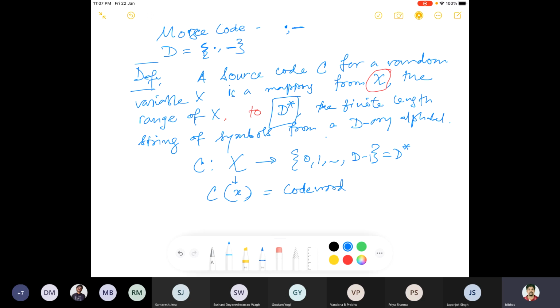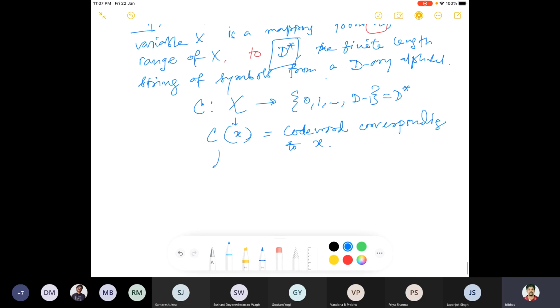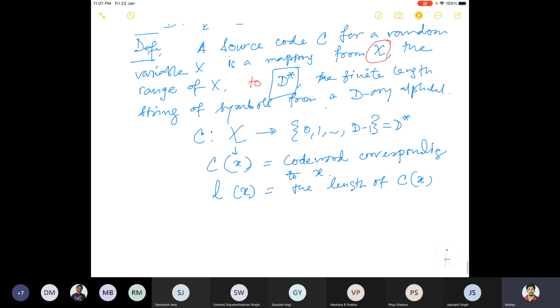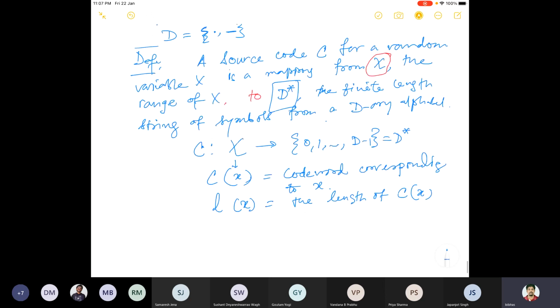So basically, a code is a set of code words, the code word corresponding to X. And I'll denote this L of X as the length of C of X. Now I think all the notations are here. So L of X is the length of C of X, which is the code word for X.